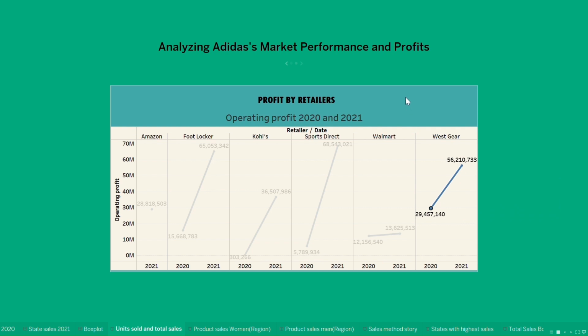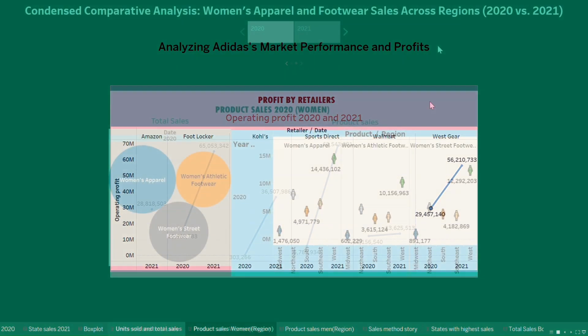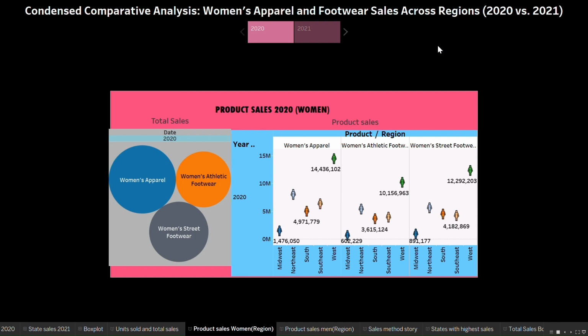So we can see that with the impact of COVID in 2020, sales and units sold were down, but then in 2021, when the market recovered, Adidas were able to sell their goods and made a significant amount of profit. So the next thing I'll discuss is a condensed comparative analysis.